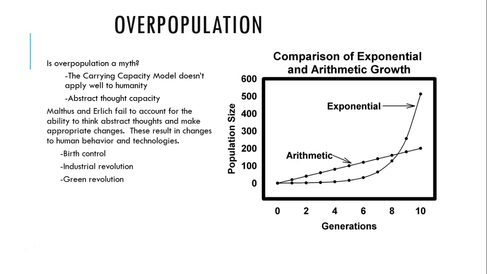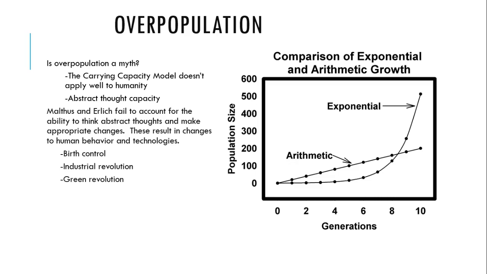He failed to account for the idea of birth control or the fact that people might willingly limit the number of children they had. He failed to account that as people moved into urban locales during the Industrial Revolution, family sizes would change and that birth rates would fall. He failed to account for changes in human technology, such as happened during the Green Revolution, when we had things like innovations in crop rotation and innovations in pesticides and fertilizers that greatly increased crop yields.